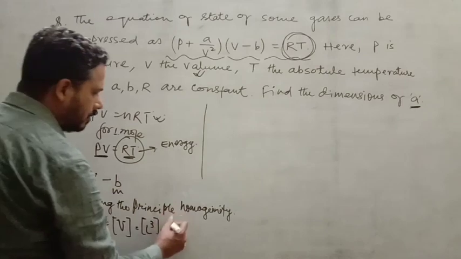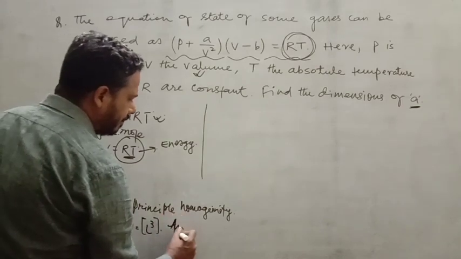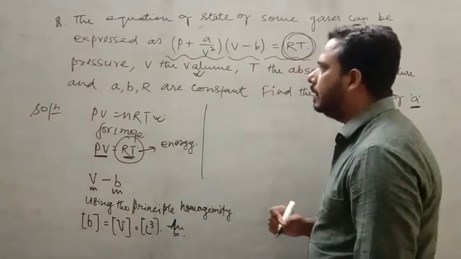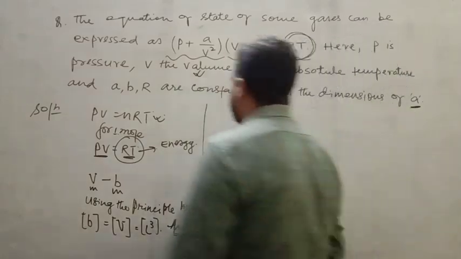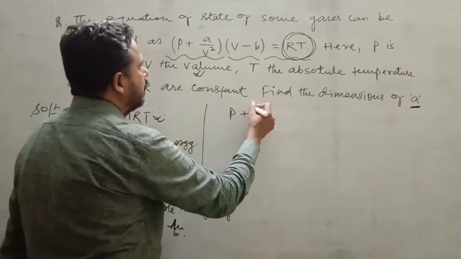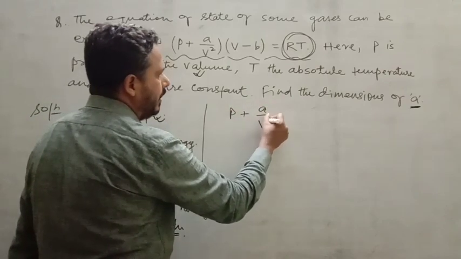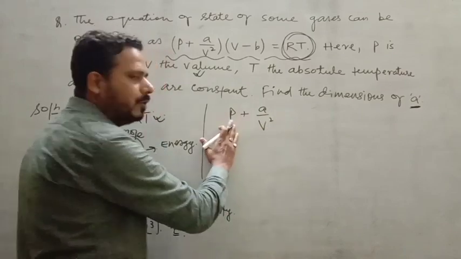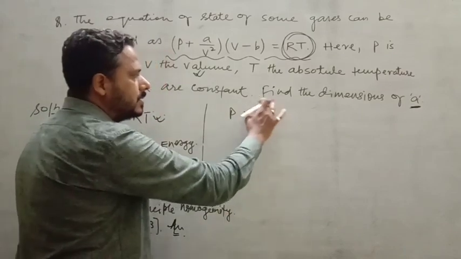So you have got one answer here, but you have to find the dimension of A. In this factor there are two parts: one is P, another one is A by V square. P is your pressure and A is a constant.